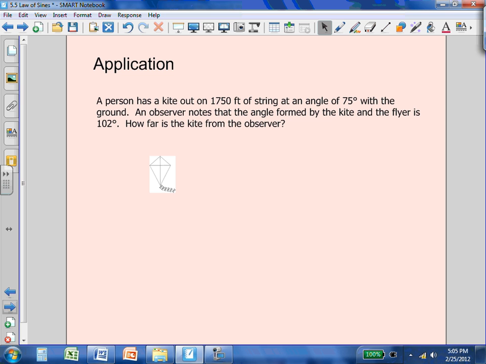Okay, let's look at an application. A person has a kite out on 1,750 feet of string. So here's my kite. It's out on 1,750 feet of string at an angle of 75 degrees with the ground. Okay, so here's the ground, and it's making 75 degrees.